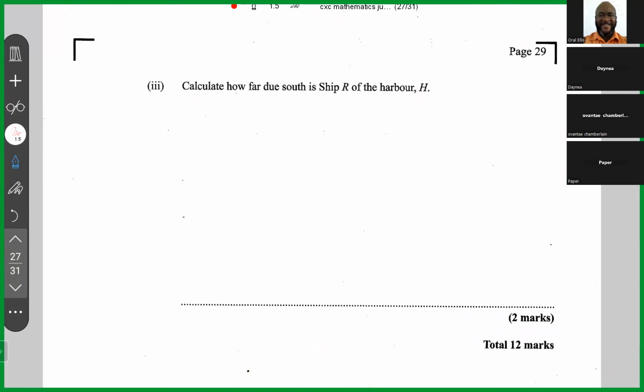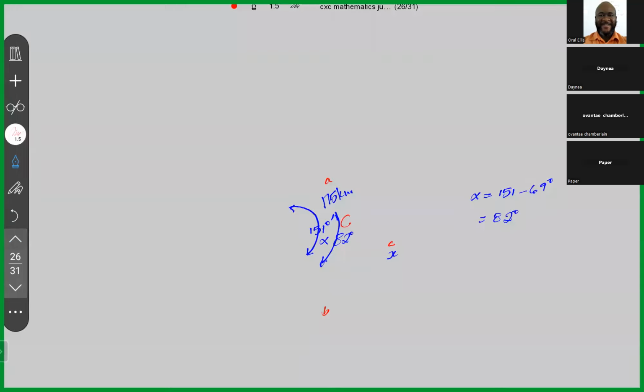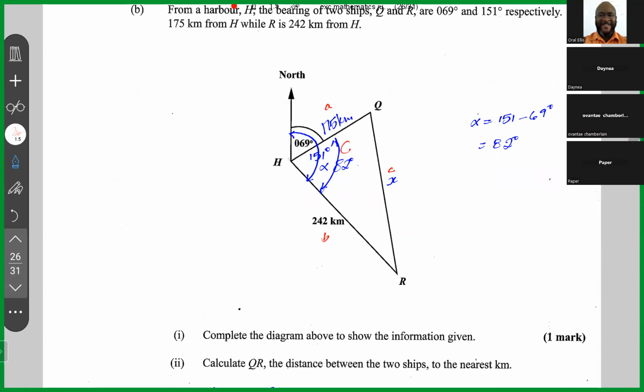Next, we're asked to calculate how far south is ship R from the harbor H. So if I continue my north-south line down, this distance here, X from here to here, is how far south R is from H. This angle here is 90 degrees.